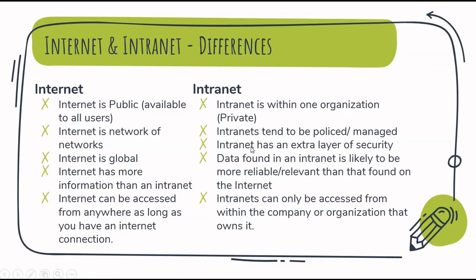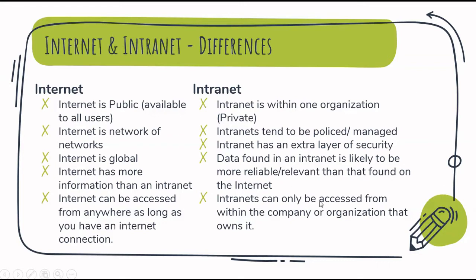The intranet is set up within an organization to have an extra layer of security, and the data found is generally more reliable or relevant because on the intranet only the people who have access to it can post content, whereas on the internet you know that sometimes the data you find is not reliable.